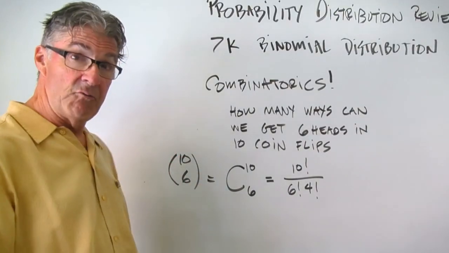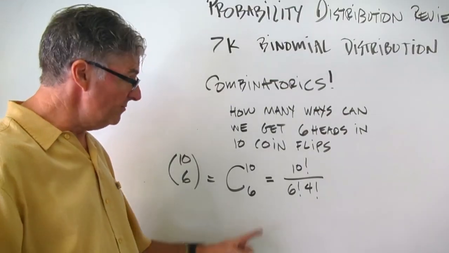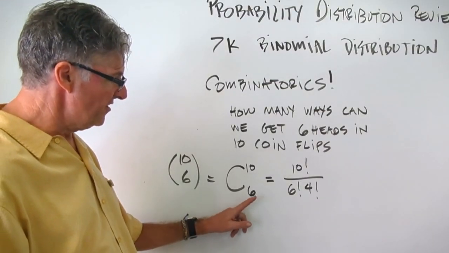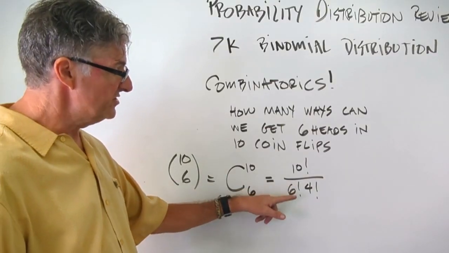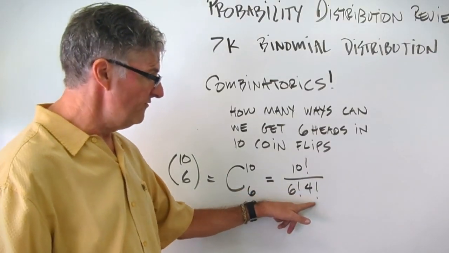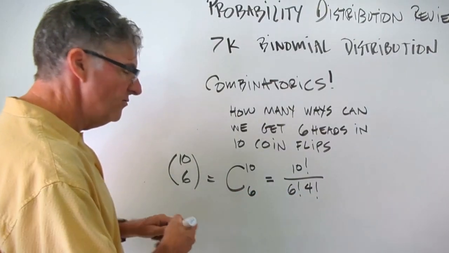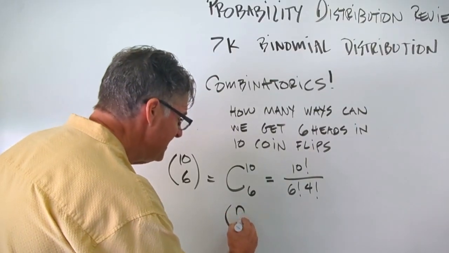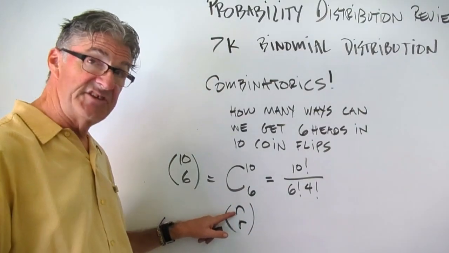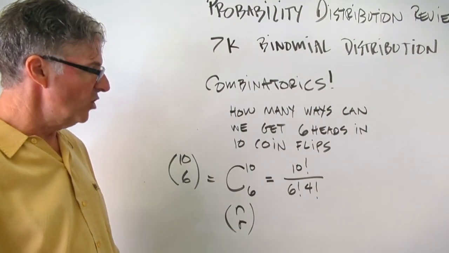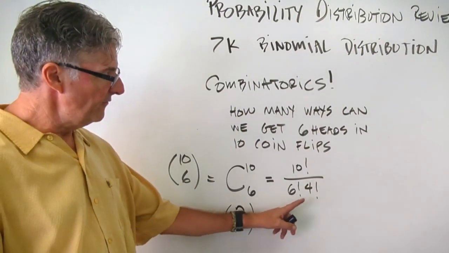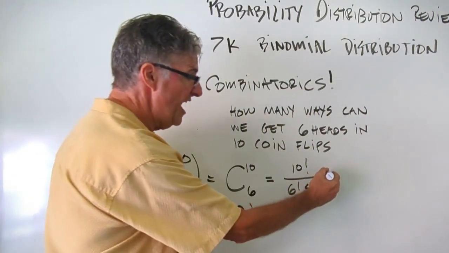So the way that works, and this formula is in your formula booklet, the combinatorics for this, 10 trials, 6 successes, is just 10 factorial over 6 factorial times 4 factorial. And what we have here is nCr. So n is the number of trials, r is the number of successes. And that's going to show up in our formula in a minute. So if you're feeling bold, pause the video and do that calculation.